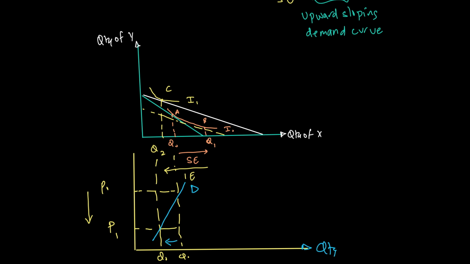So in the case of our Giffen goods, we will see when the price goes down, the quantity also goes down, as income effect is greater than substitution effect.